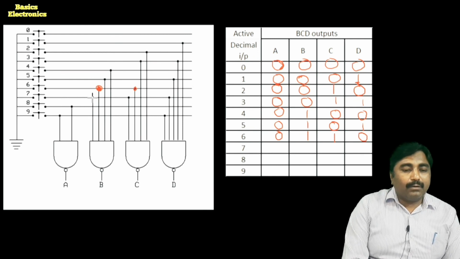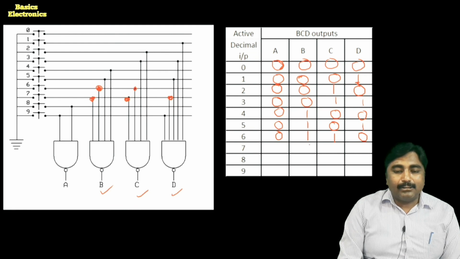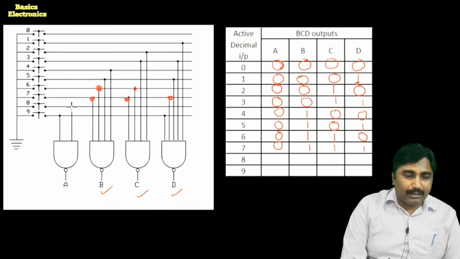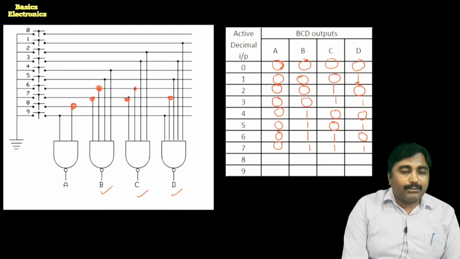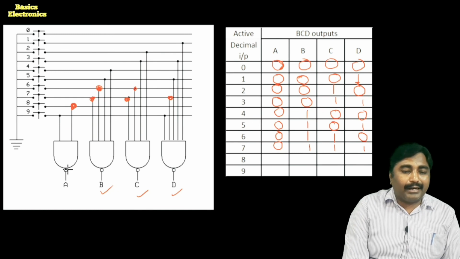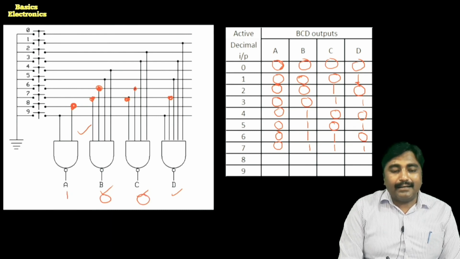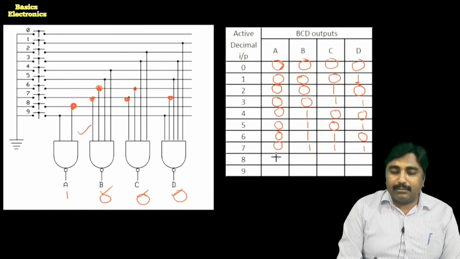Okay. Now if we press number 7, the number 7 is connected to the three gates having the output B, C and D. So the outputs of B, C, D are equal to 1 and the output of A is equal to 0. If we press switch number 8, switch number 8 is connected to the ground, it means here the active low input for the A gate, so its output is equal to 1 and the remaining gate outputs are equal to 0.